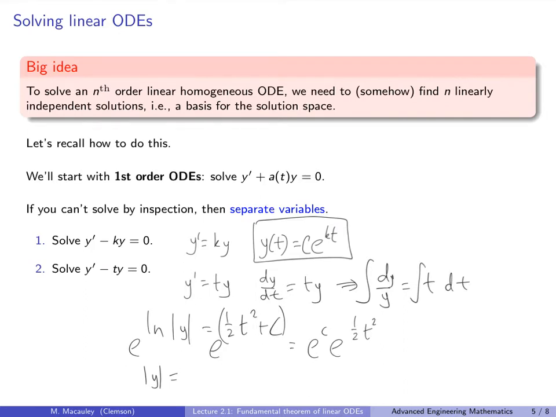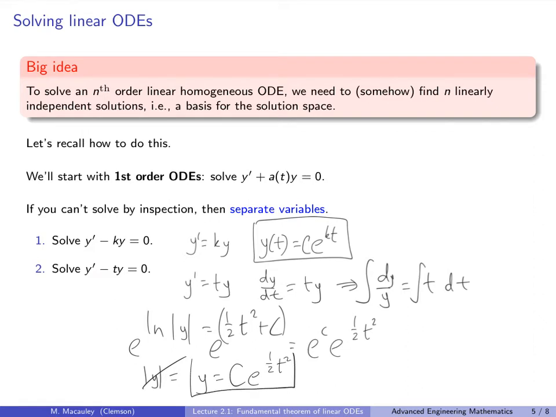Now, this constant e to the c is any positive constant, except we have this absolute value of y, which means that if we take y, we have to put plus or minus in this. So the moral is you can always just assume that this constant is positive or negative. So instead of absolute value of y, I'm just going to write y equals, I'll rename that constant, c e to the 1/2 t squared.